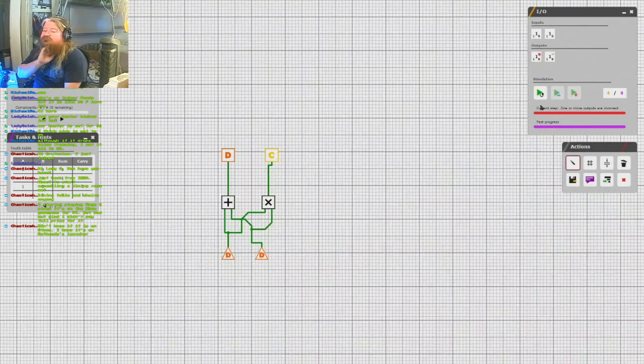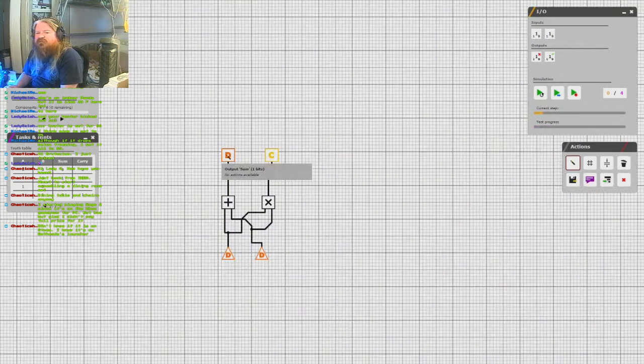Oh, darn it. I guess I need more logic gates. But I don't have any more logic gates that I can pull.